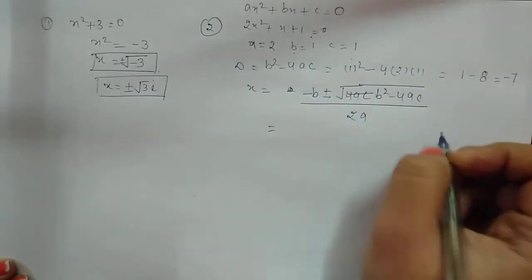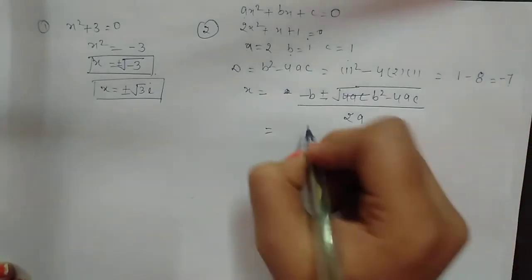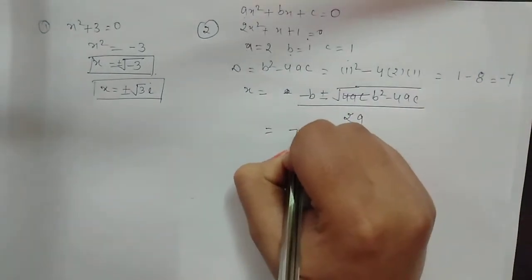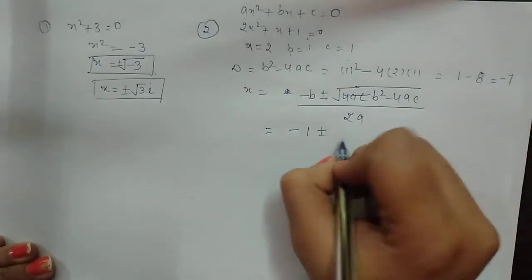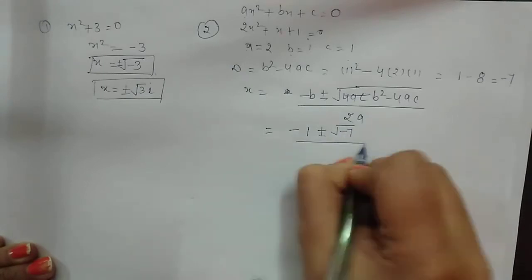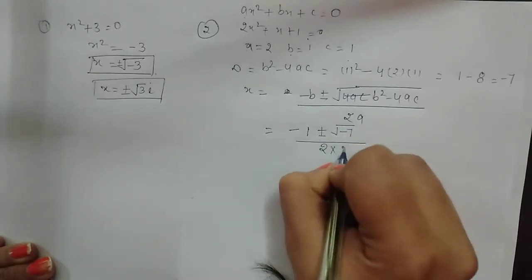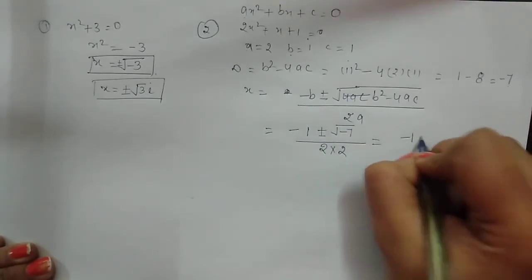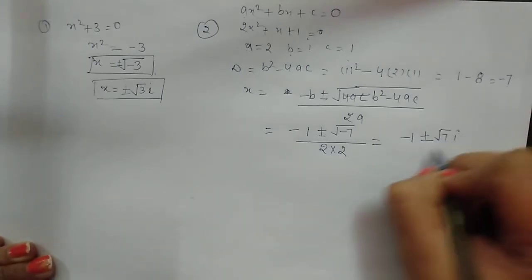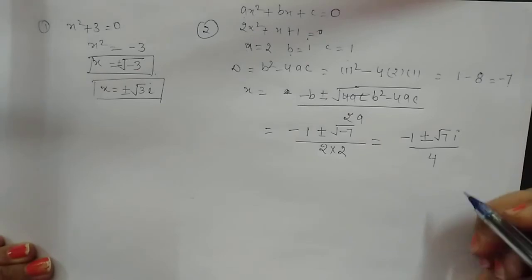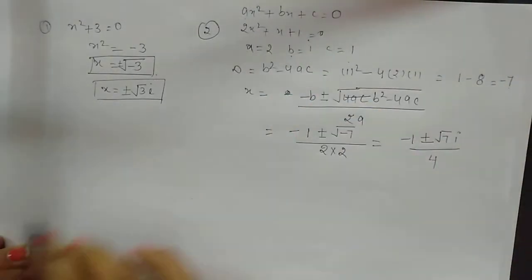Now we put the values of a, b, c in this particular formula. We have minus 1 plus minus, and we have minus 7 under root, upon 2 into 2. So here we have minus 1 plus minus root 7 iota upon 4. This is the solution of this particular equation.